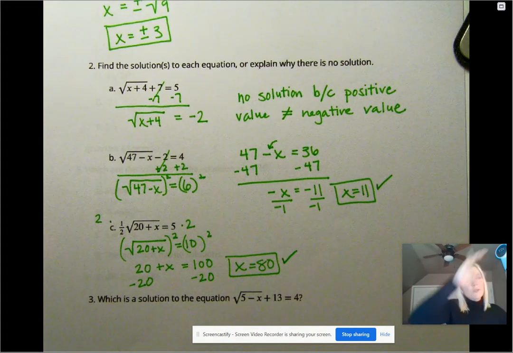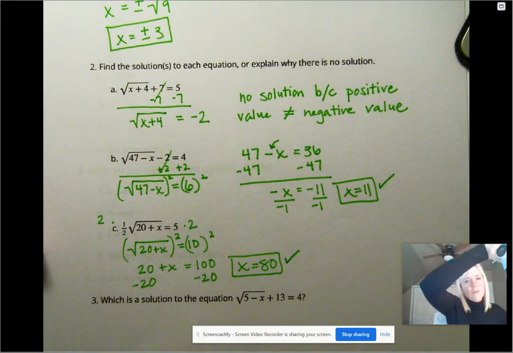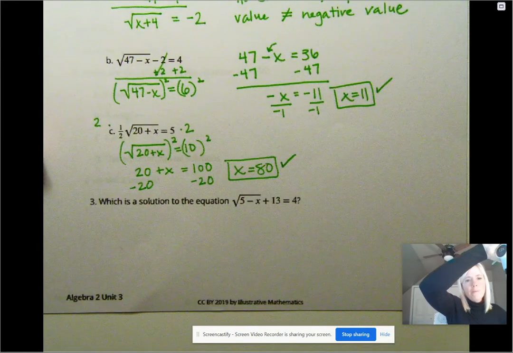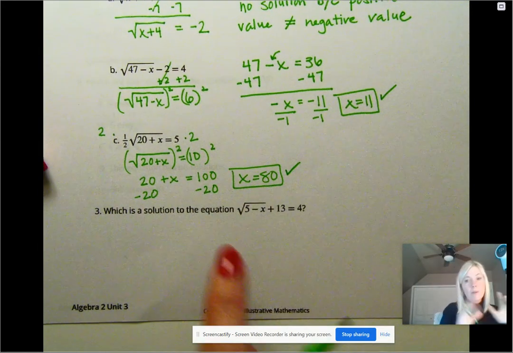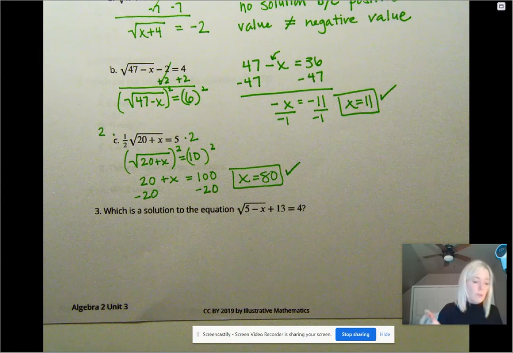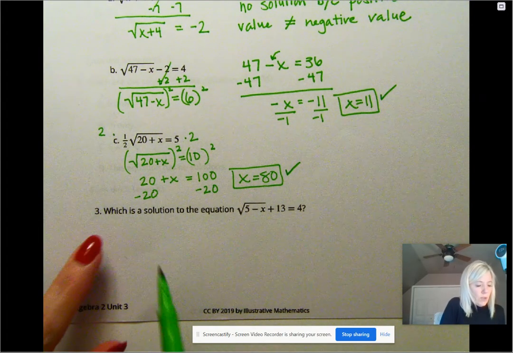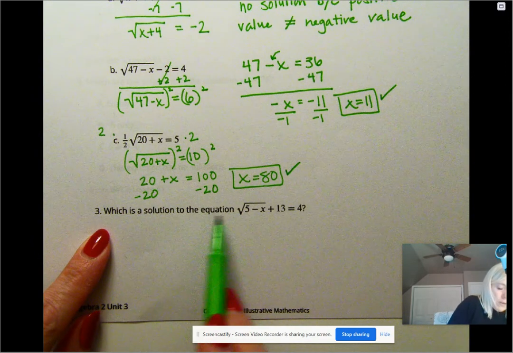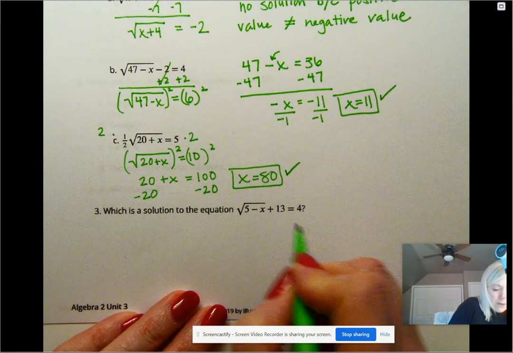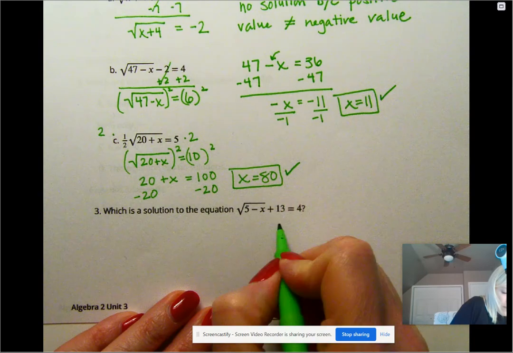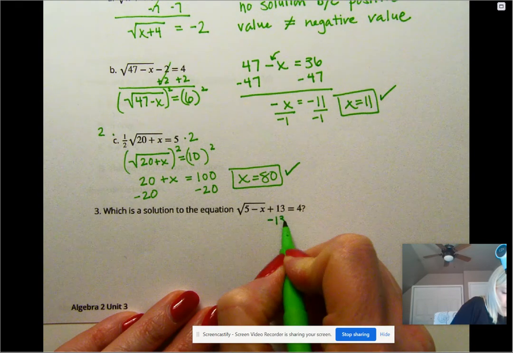Okay, number 3 is multiple choice, and I don't know how it is in your textbook, but on my paper, the questions on this page and the multiple choice options are on the next page. So we'll just go ahead and solve it and see which is a solution to this equation. If I solve this, I'd isolate that square root by subtracting the 13, and look what happens.